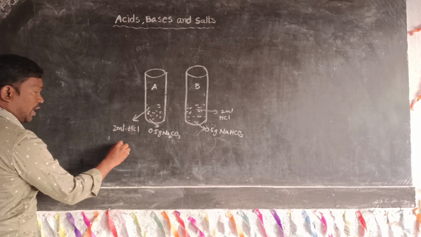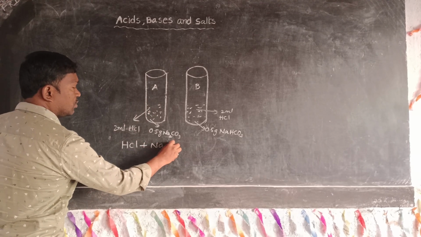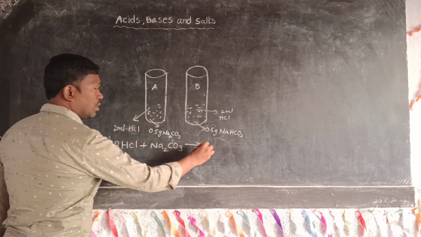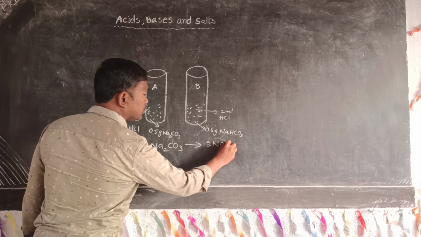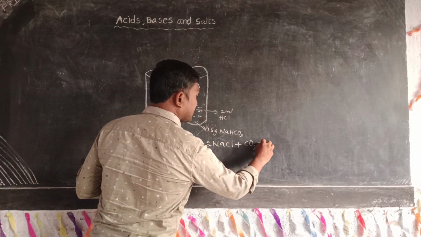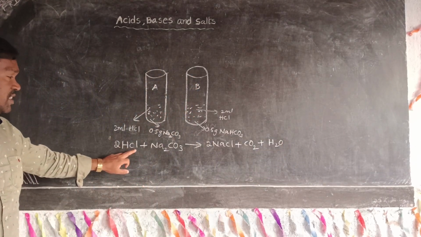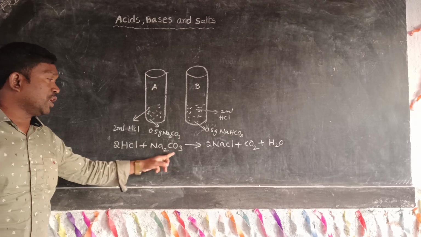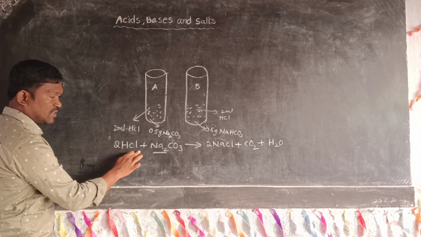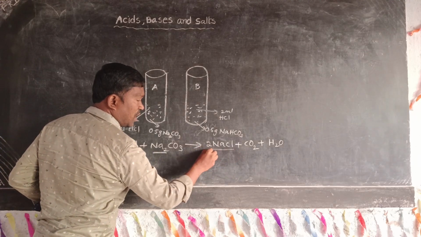In test tube A, hydrochloric acid reacts with sodium carbonate, and salt, carbon dioxide and water are produced. 2HCl plus Na2CO3 gives 2NaCl, which is sodium chloride, common salt.